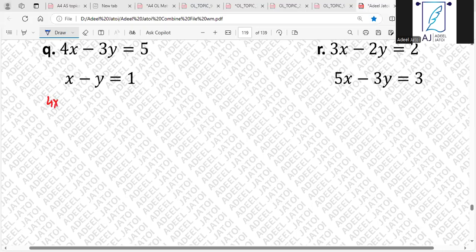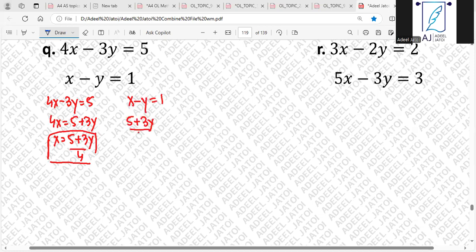This is 4x minus 3y equal to 5. 4x is equal to 5 plus 3y. x is equal to 5 plus 3y upon 4. Right? Then x minus y equal to 1. 5 plus 3y upon 4 minus y equal to 1. We take LCM.